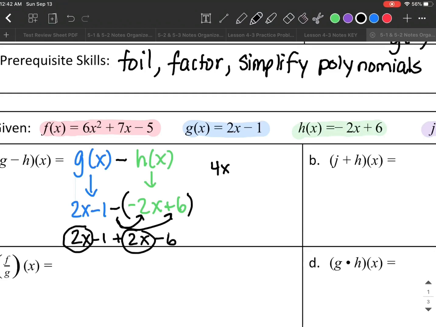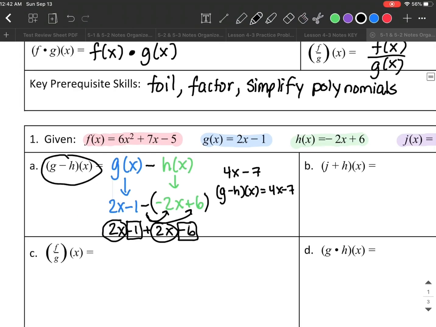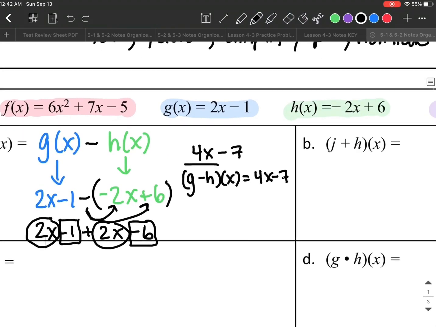And when I collect my constants, I will have negative 7. So g minus h of x is equal to 4x minus 7. And that's my answer.